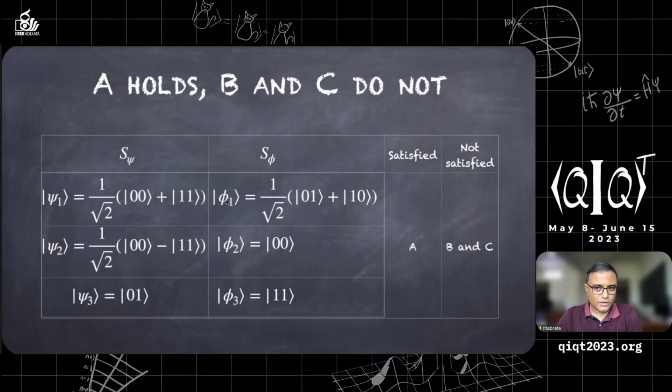Recall, B is with respect to a probability distribution. For any probability distribution, the ensemble of these three states, whatever the mixed state you get, its entanglement should be greater than the entanglement of the ensemble of the output states with respect to the same probability distribution.